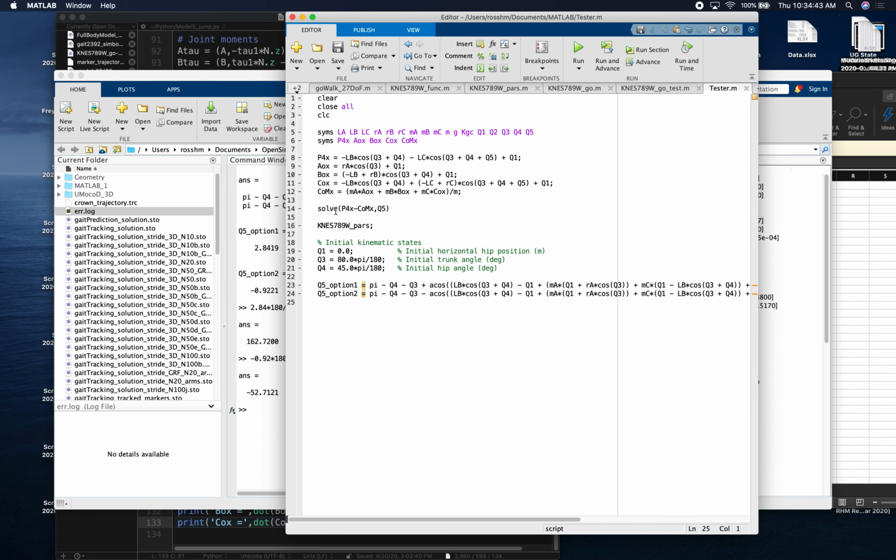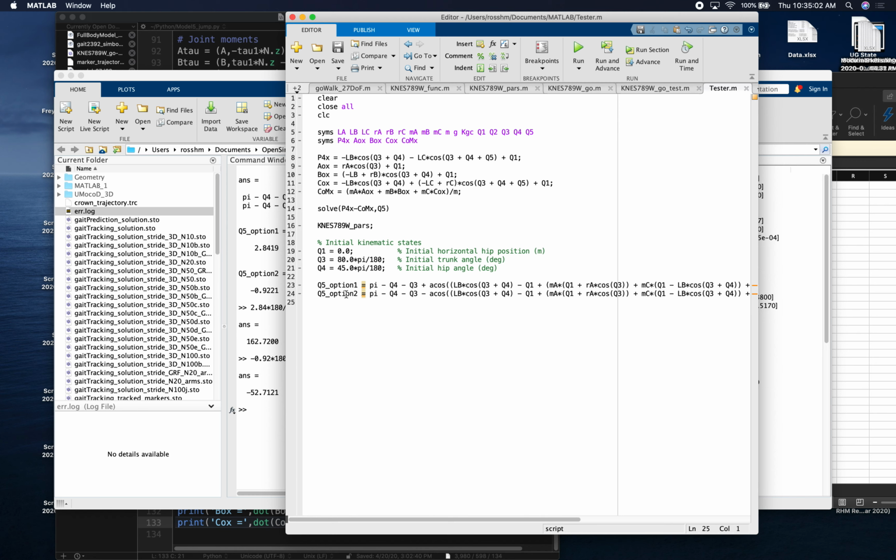So it looks like, at least with my approach here, we got two expressions for Q5, two possible options for our initial value for Q5. And this second one, option 2, is the one that we want. This is the one that gives us the correct value for our initial knee angle.